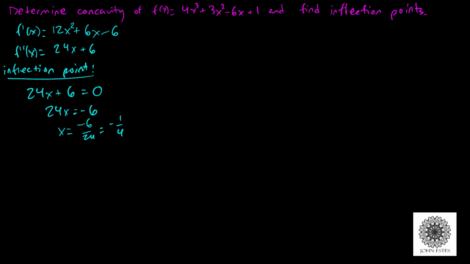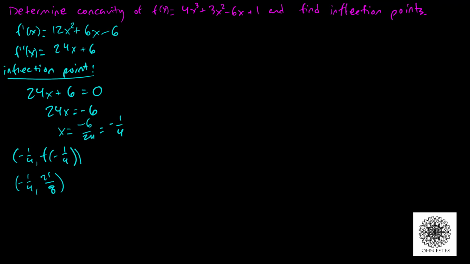So your inflection point occurs at x equals negative 1/4, and so your inflection point is actually negative 1/4, f of negative 1/4. And if you're careful in the arithmetic, you should get that that is negative 1/4 and 21/8. So there's my inflection point, I believe.